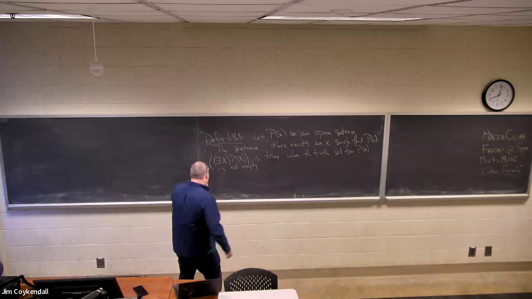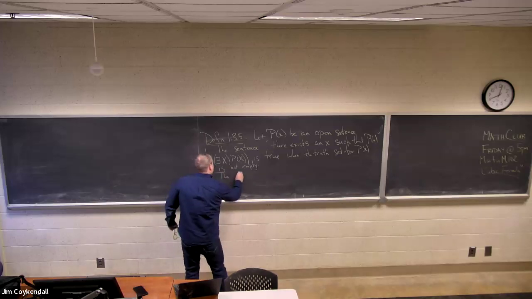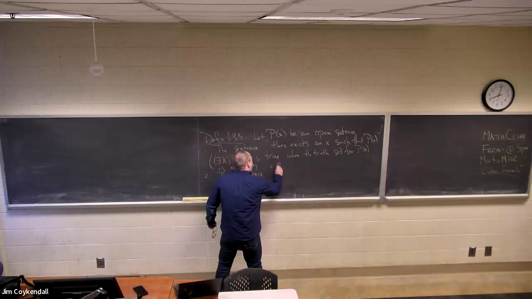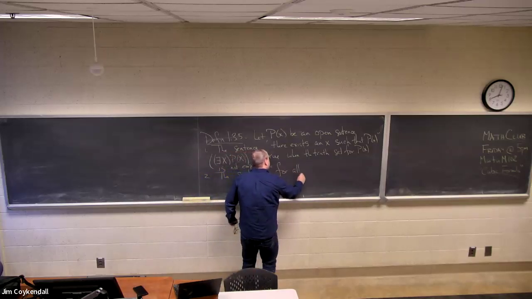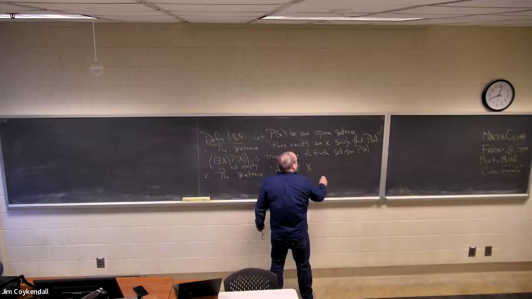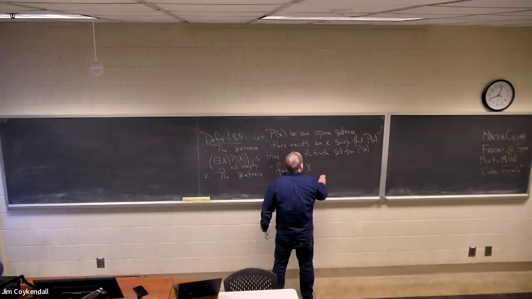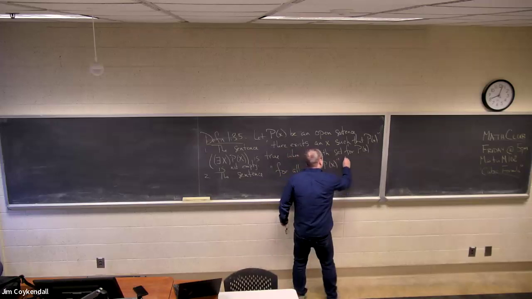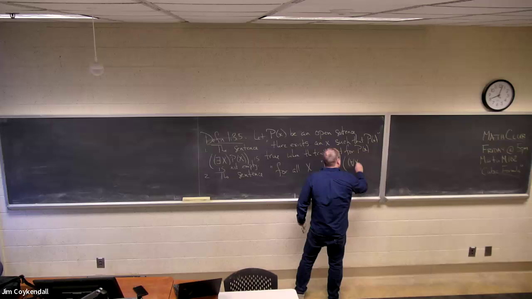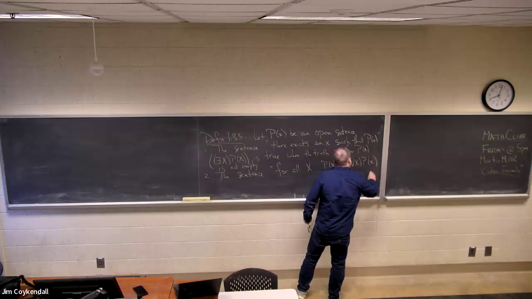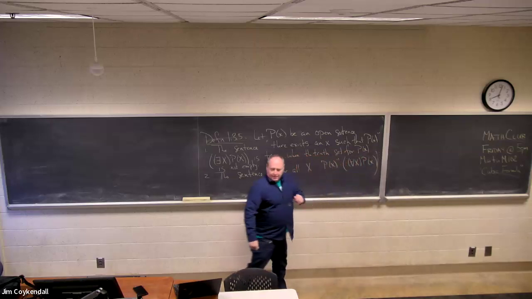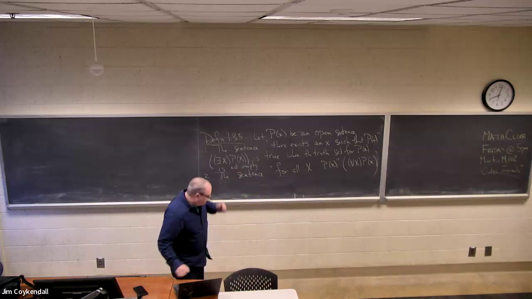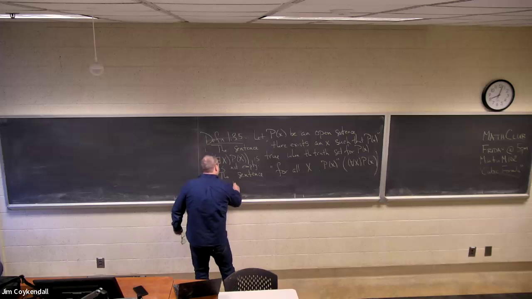The sentence "for all x, P of x" sometimes is written this way. This means, well, when is this true?